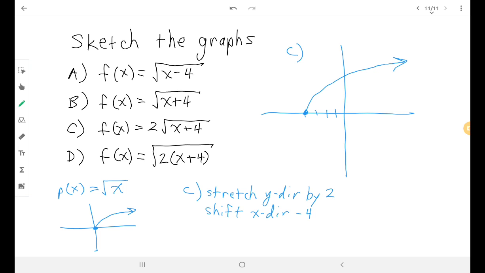So that's an approximation to it, versus if it didn't have that, it might look like this. So that's the only good way to do the stretching, is to compare it to the original one. Okay, and that can be difficult to do. That's why I say a lot of times you either have to have that comparison there, or you have to make yourself a table to really get some points that will help you. All right, take a moment to look at that.